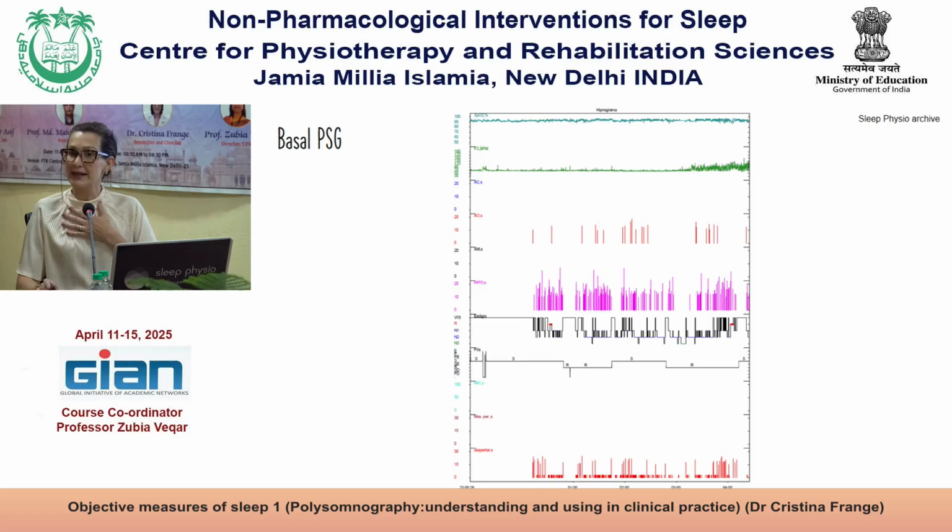There are more hypopneas, like the last one. There are some obstructive events. Yeah, it looks like this patient desaturates more than the last one, at least in the middle of the night.